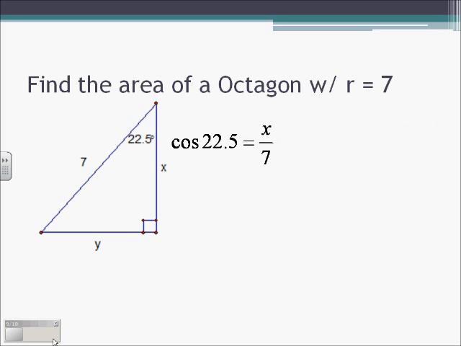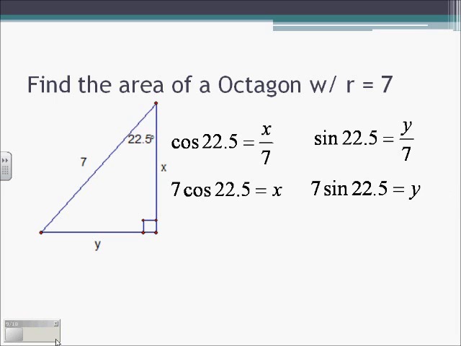So we know the cosine of 22.5 is going to give us x over 7. Multiply by 7. x is going to be equal to 7 cosine of 22.5. Same thing with sine. Sine of 22.5 is going to equal y over 7. Multiply both sides by 7. y is going to equal 7 times the sine of 22.5.